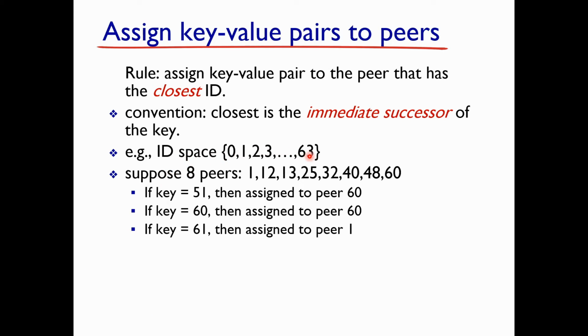Suppose this is the ID space and these are the 8 peers in the network in the peer-to-peer file sharing, and if the key is 51 for a particular file, then it will be assigned to 60. If the key is 60 also, it is going to be assigned to 60. If the key is 61, then it will be assigned to the next immediate successor. After 60, it is 1.